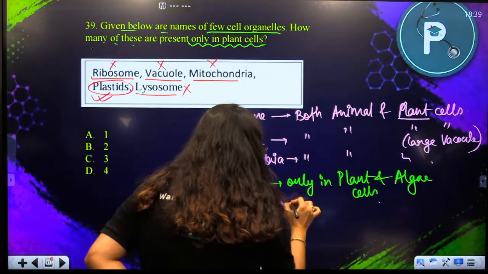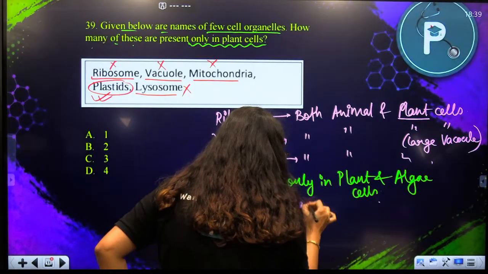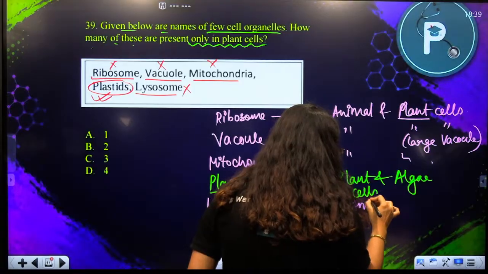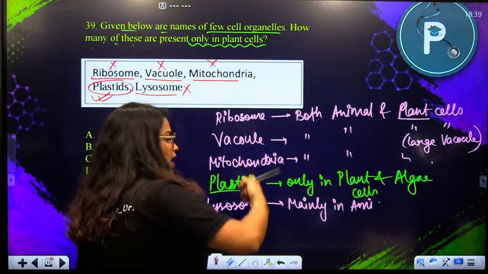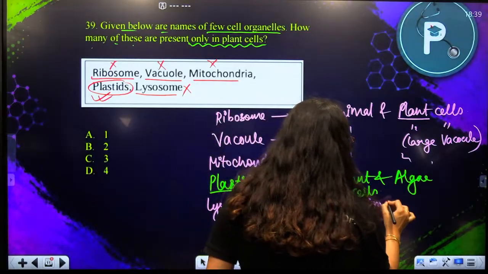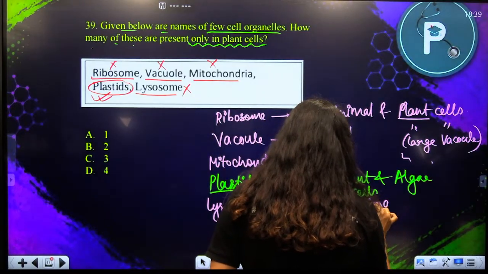They are again mainly in animals, but in plants, the lytic vacuoles would act as a lysosome. So they have it, right? So mainly in animal cells.